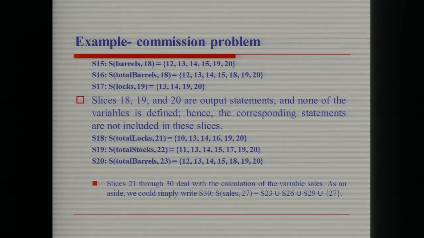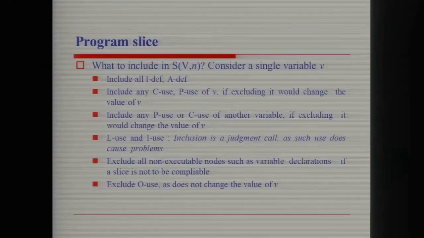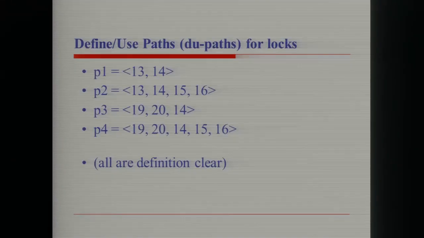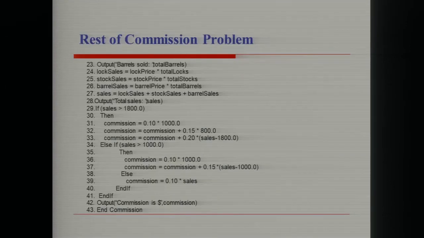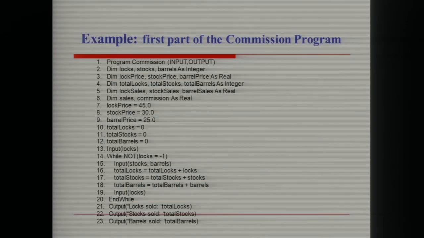So the slice of 18 is about the total logs in the node number 21. So that will come as the statement as 10, 13, 14, 16, 19, 20. Okay. So let's see about this one. Total logs start from the 10, then 13, 14, right?